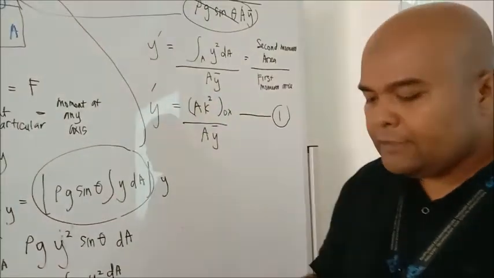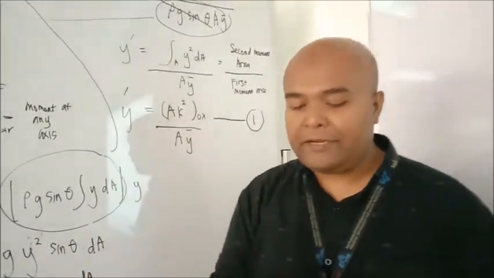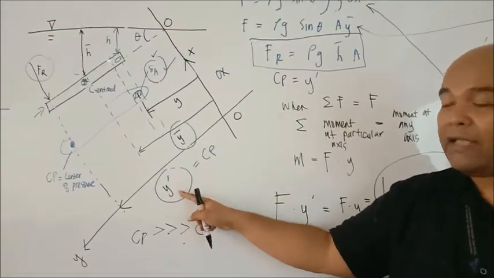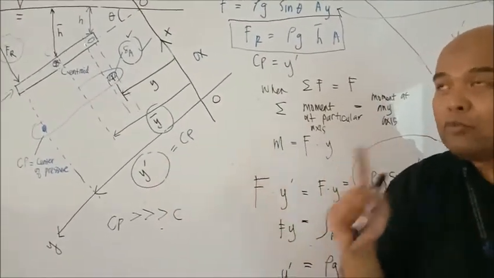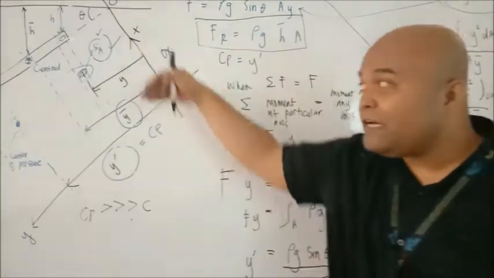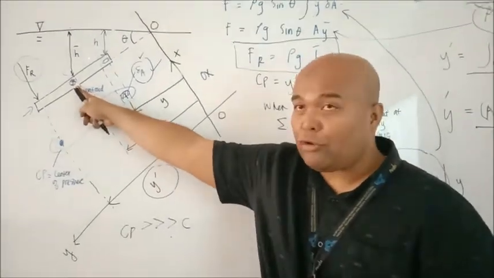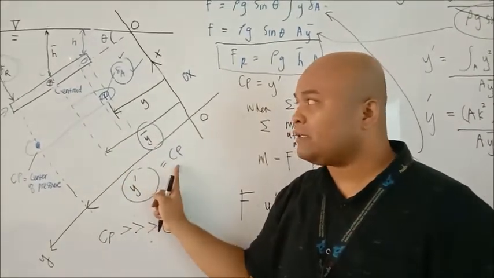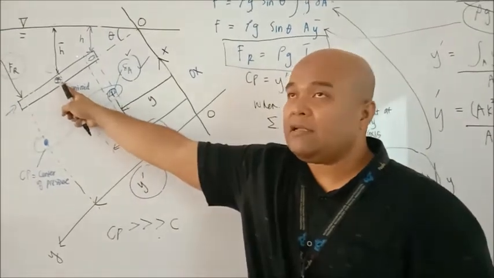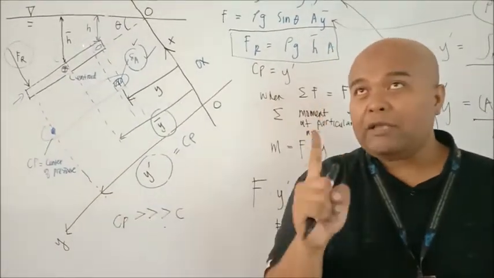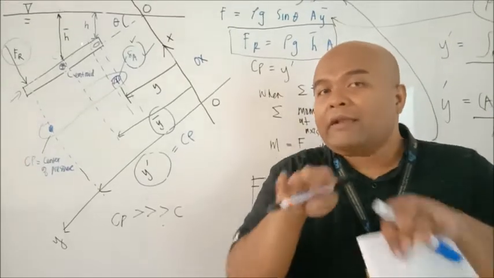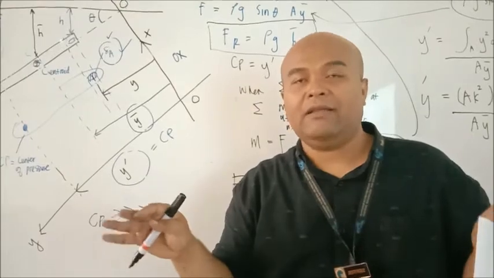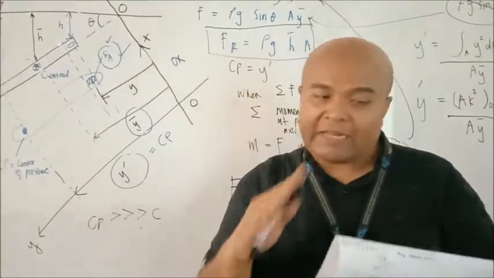Alright. So before we proceed further, we need to understand that our CP, the center of pressure, the y prime here, must always be positive and located further down compared to the centroid, the C here. The CP, the center of pressure, and the C, the centroid, will overlap only when the flat surface is positioned horizontally, meaning not in an inclined condition.